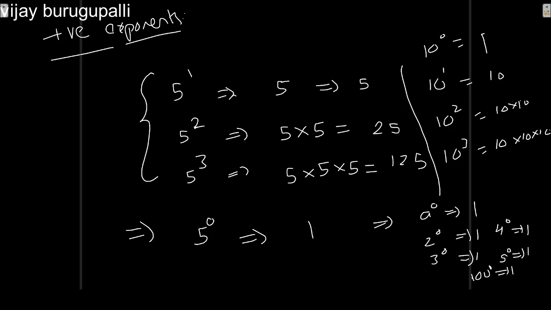So now let's see negative exponents. For example, if you have 5 to the power of minus 1, you can write it as 1 by 5.